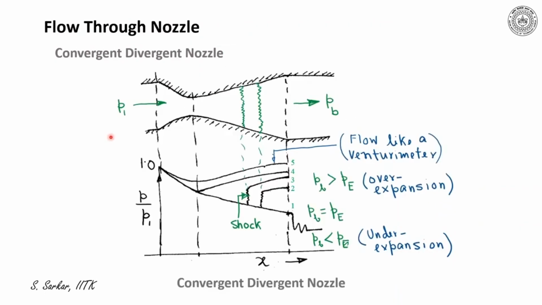Through a schematic, I'll illustrate now what happens in a convergent divergent nozzle when the back pressure is changed. Let us assume P1 is the inlet pressure, while PB is the back pressure in a convergent divergent nozzle, and PB can be controlled through a throttle valve.